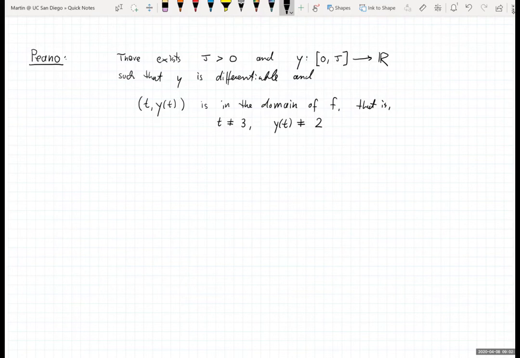That's all what it means. So we stay within the area where f is actually defined. And we've got, well, the initial condition, y of 0 is equal 1, and the differential equation is satisfied. y prime of t is equal f of t times y of t for all times t between t0 and tau.